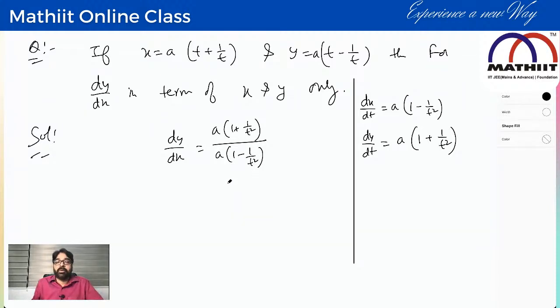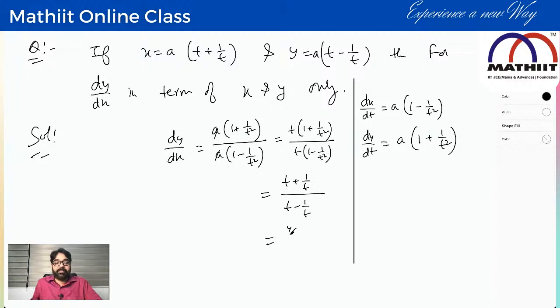I hope it's clear to everybody. So now a will anyhow cancel, but I don't want t. If you don't want t, you have to convert this into t plus 1 by t. So if I multiply numerator and denominator by t, watch very, very carefully, everybody. Denominator becomes t into 1 minus 1 by t square. So what will happen? This will be equal to t plus 1 by t divided by t minus 1 by t. And this t plus 1 by t value is nothing but x by a.